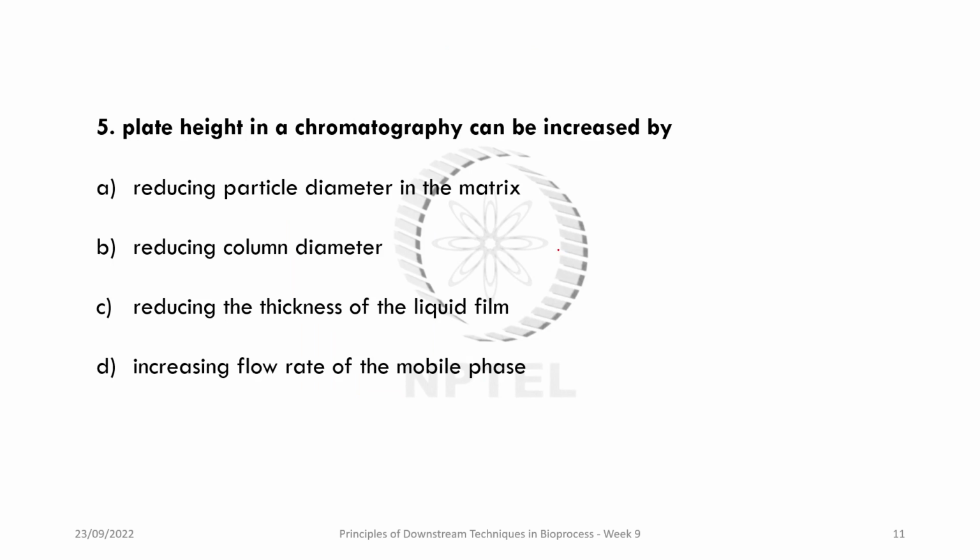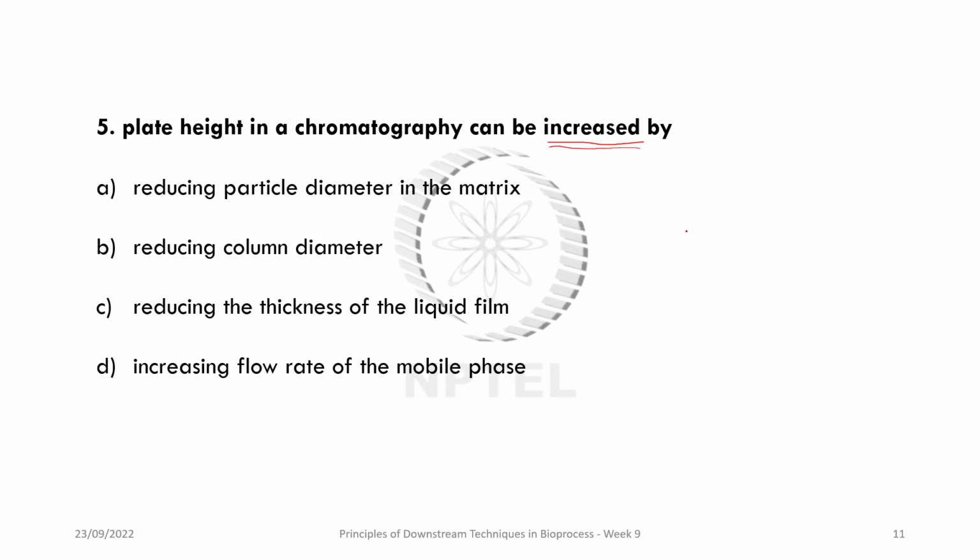Moving on to question 5. Plate height in a chromatography can be increased by, remember, increased. Option A, reducing particle diameter in the matrix. Option B, reducing column diameter. Option C, reducing thickness of the liquid film.